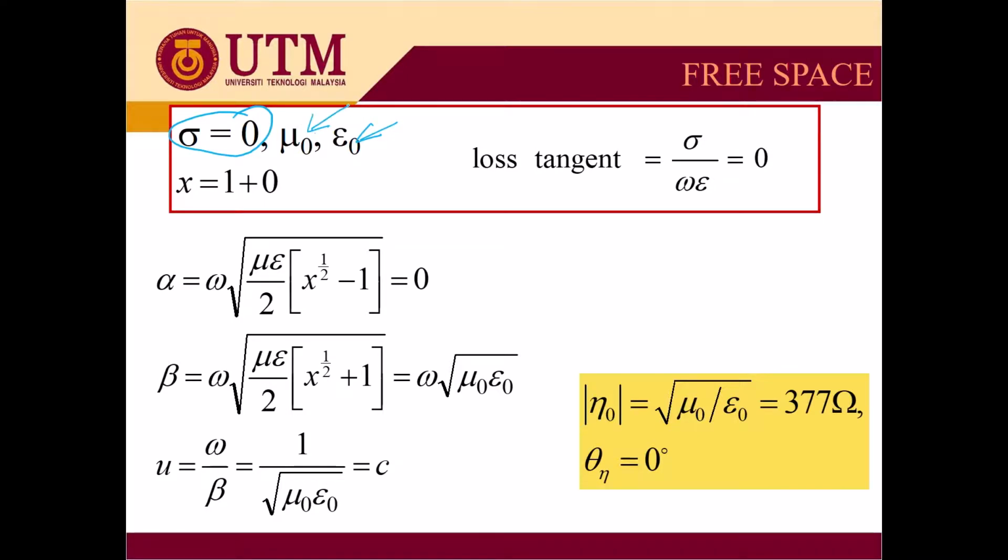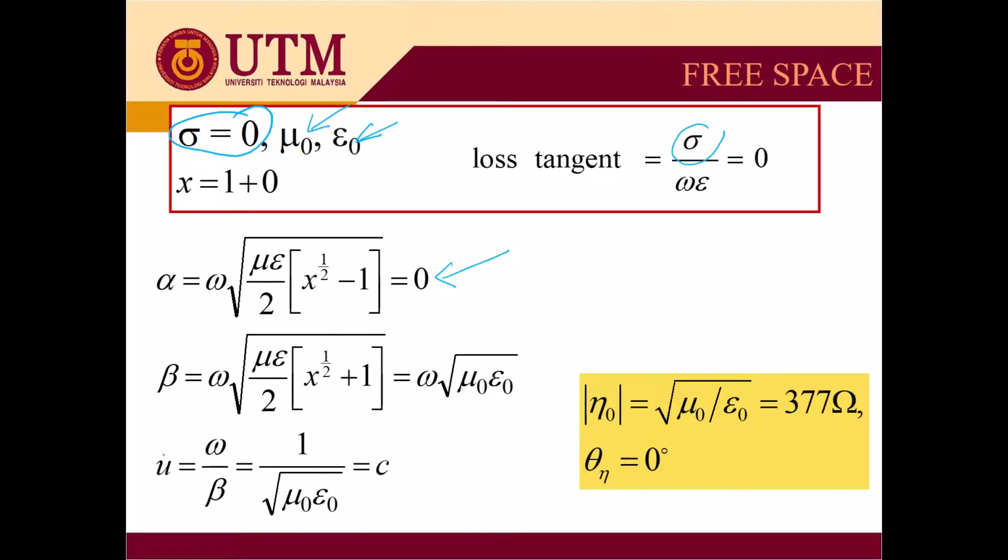This is the reference value, because we always refer to free space. And the loss tangent, sigma divided by omega epsilon, is equal to 0. The alpha and beta can be simplified into almost the same. Alpha is 0 because there is no attenuation. And here we have mu naught epsilon naught, compared to the lossless case where we have mu and epsilon. Here beta is equal to omega times square root of mu naught epsilon naught.